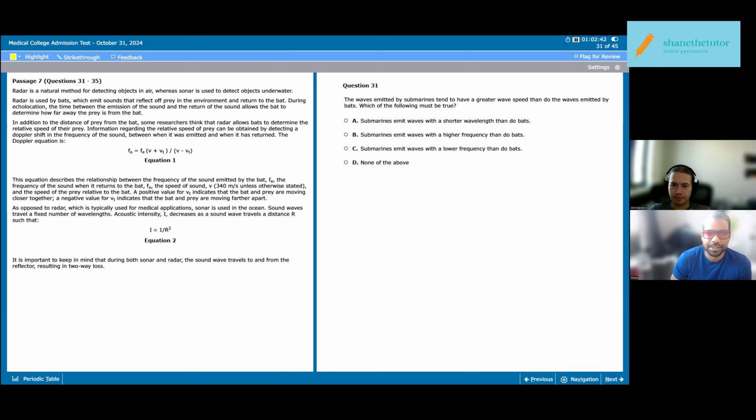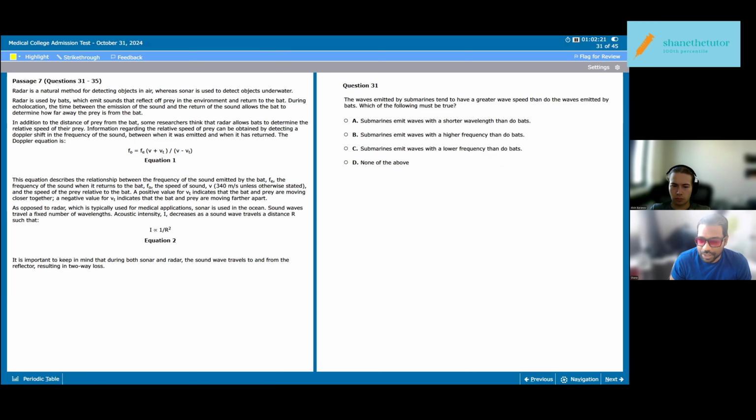Yeah. So that's independent of wavelength or frequency, because typically the speed of sound, or the speed of whatever wave, is the thing that's constant. If you increase wavelength, you're going to have to decrease frequency. If you increase frequency, you're going to have to decrease wavelength.